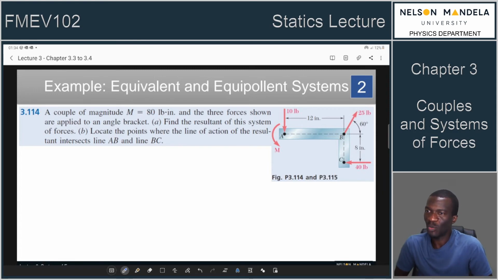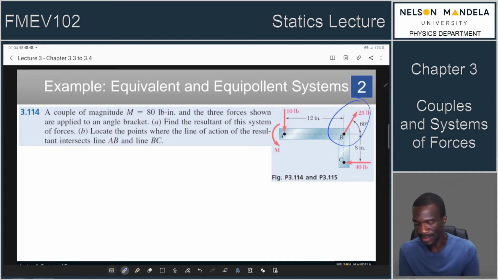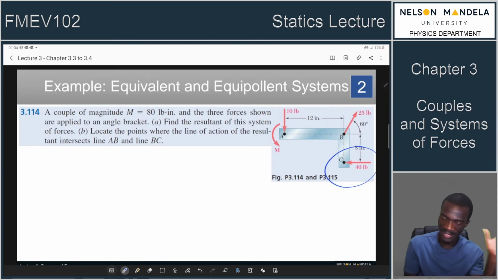Then calculate the points where the line of action of the resultant intersects the line AB and line AC. How would you find the line of action of that resultant where it intersects line AB and line BC? Okay, so you worked out your resultant. We've got some force in the downward direction, some force upward at an angle, and another force on the left side.